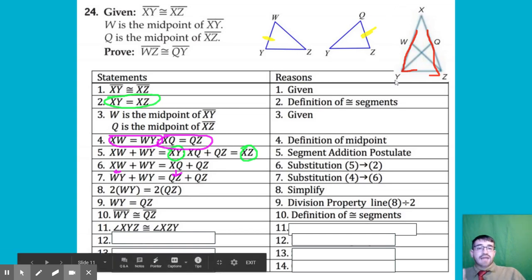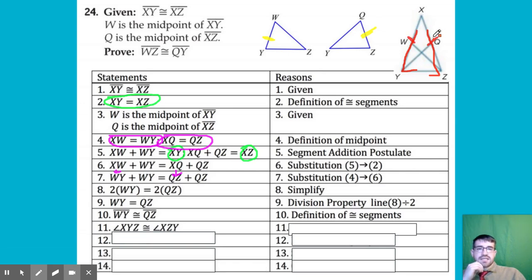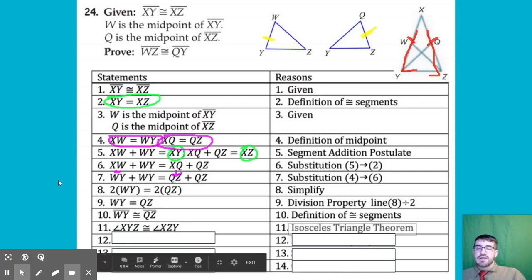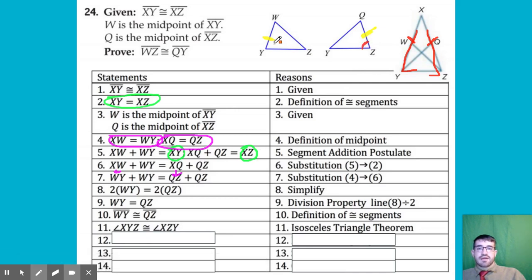Well, we are given that XY is congruent to XZ, which means that the legs of these two triangles here, XY and XZ, are congruent, and then we can use the isosceles triangle theorem to say that the base angles are congruent. And once we do that, we now have angle Y and angle Z congruent in these triangles.